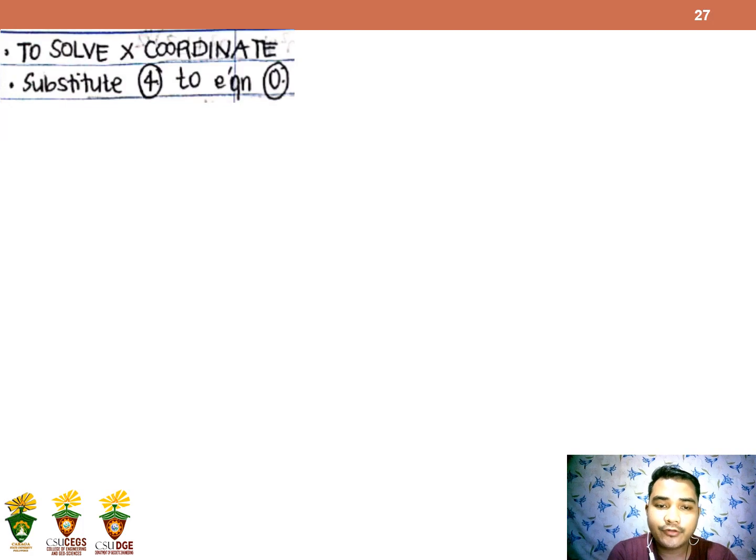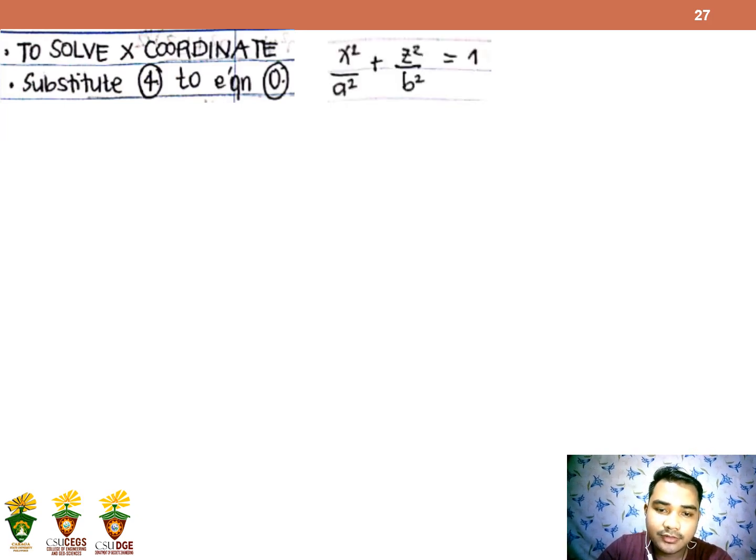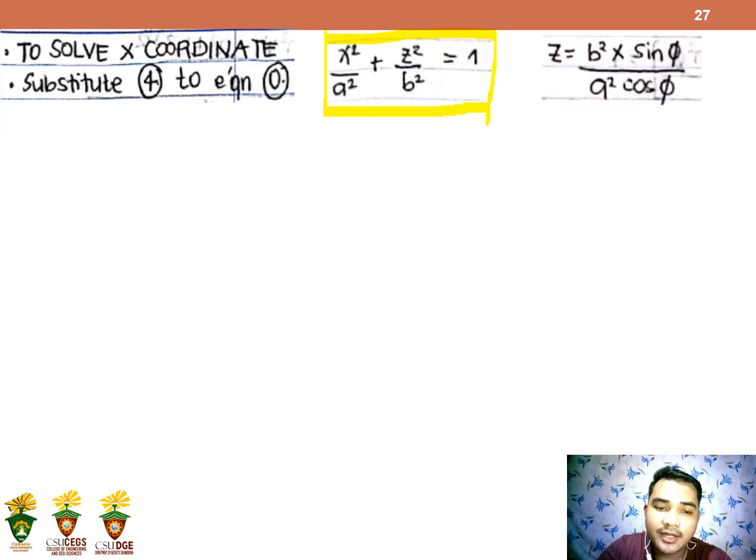Next is to solve for the X coordinate. To do that, we need to substitute equation number 4, which we derived from the previous slides, into equation 0. Equation 0 is the general equation for an ellipse. Equation 4 is z is equal to b squared x sine geodetic latitude all over a squared cosine geodetic latitude.